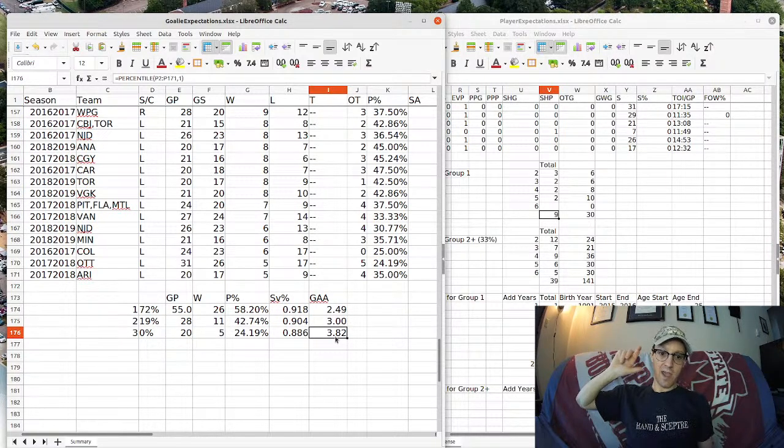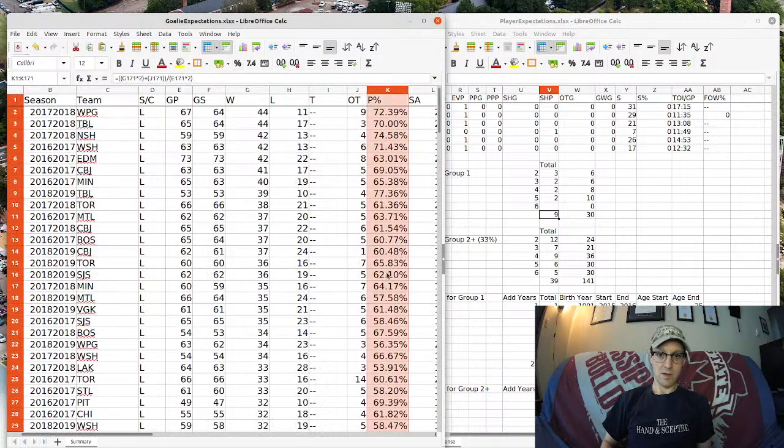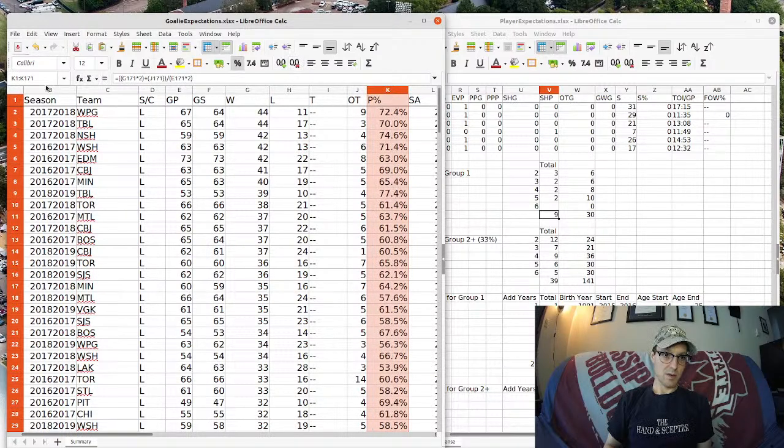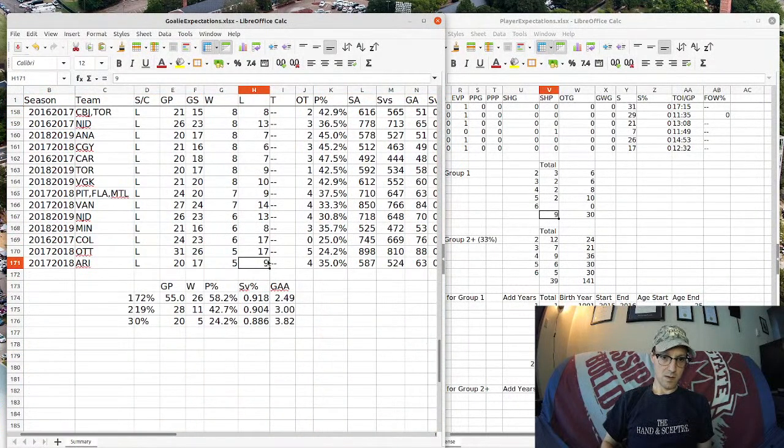Play 55 games, 26 wins, 58.2 point percentage. I'm going to get rid of a decimal point. Save percentage of .918 or greater, and a goals against average of 2.49 or less.